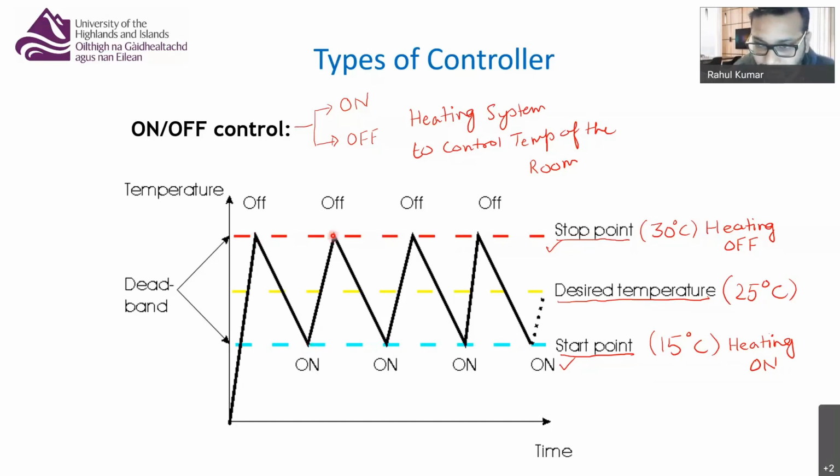Once it reaches 30 degree centigrade, the heating system will be turned off again and this process will continue. So this on-off controller would keep the temperature of the room between 15 degree and 30 degree centigrade. That's how this on-off controller works.